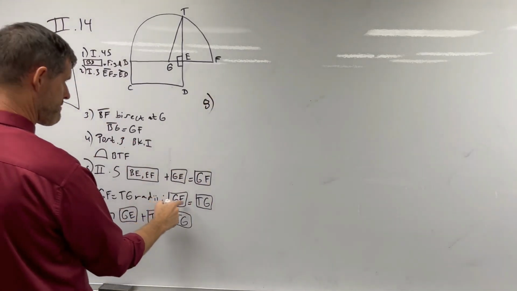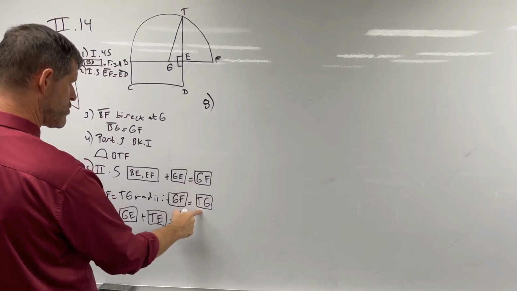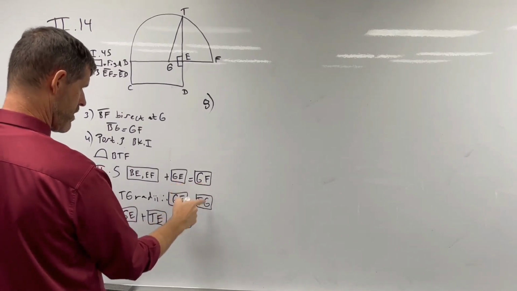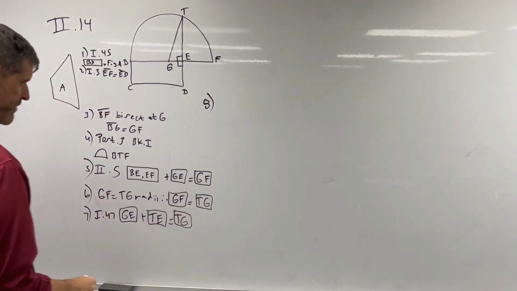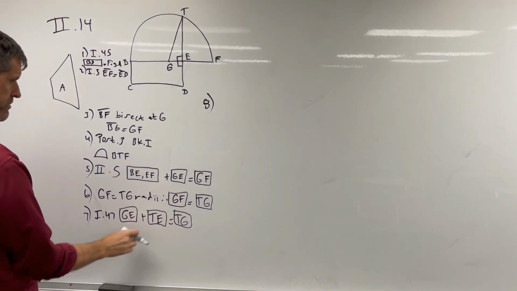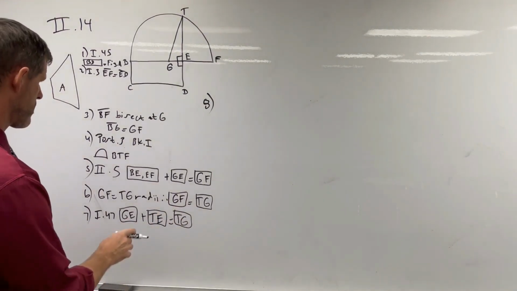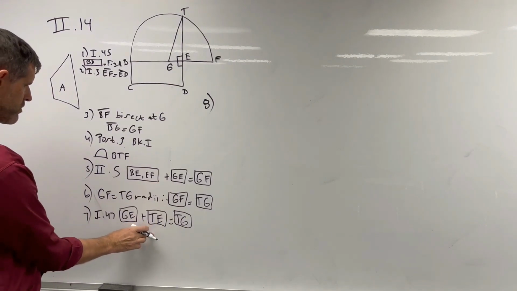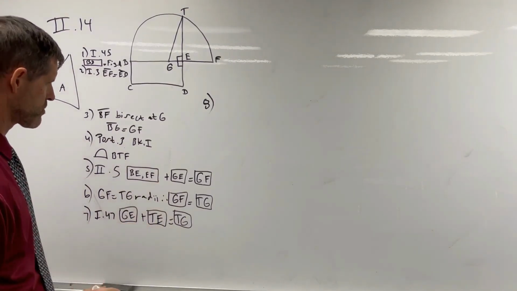Now the square on GF was equal to the square on TG, so we can replace GF here with the square on TG, but the square on TG is equal to these two squares, by step 7. So we're going to rewrite this line, step 5, including the squares on GE plus the square on TE.